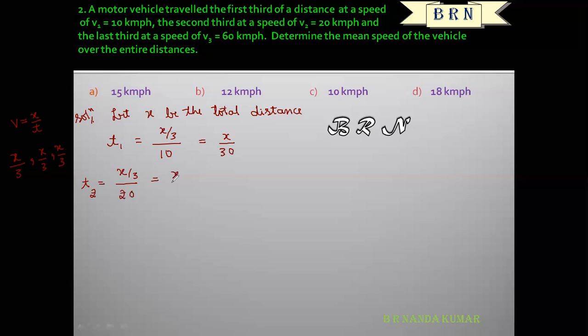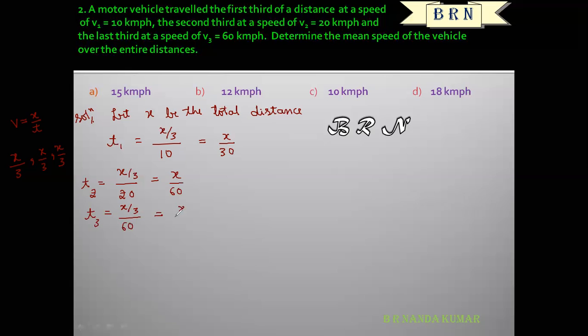This is X divided by 3 into 20, that is X by 60 hour. And the time taken to cover the last third of the distance, at a speed of 60 kilometer per hour: T3 is equal to X by 3 divided by 60.